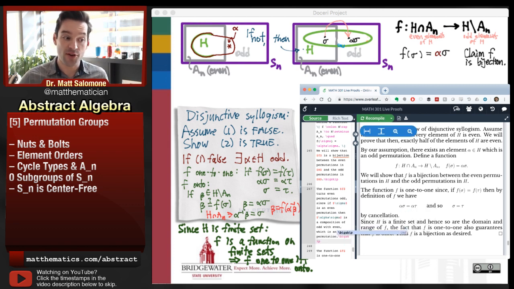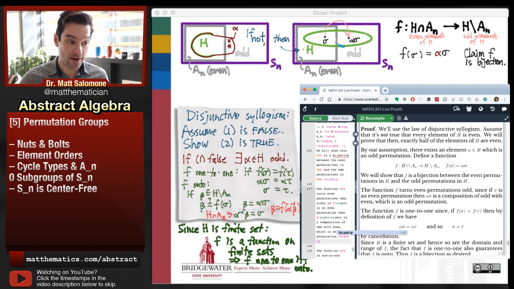So this justifies why we can say that the domain of f is all the even permutations in H, and the codomain is all the odd permutations in H. So this will wrap up this proof.